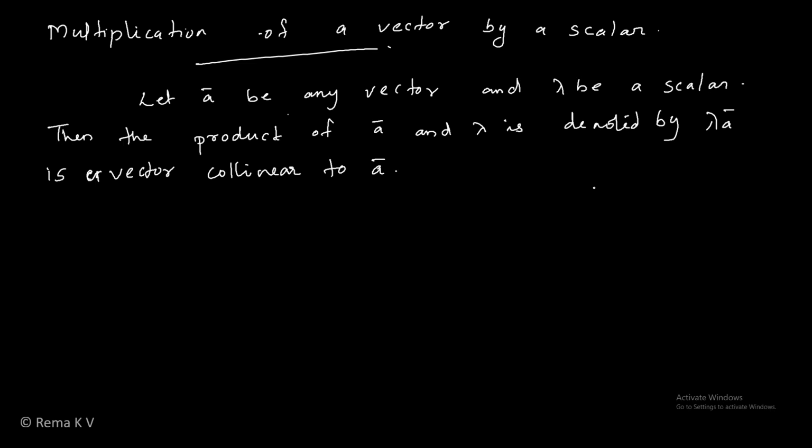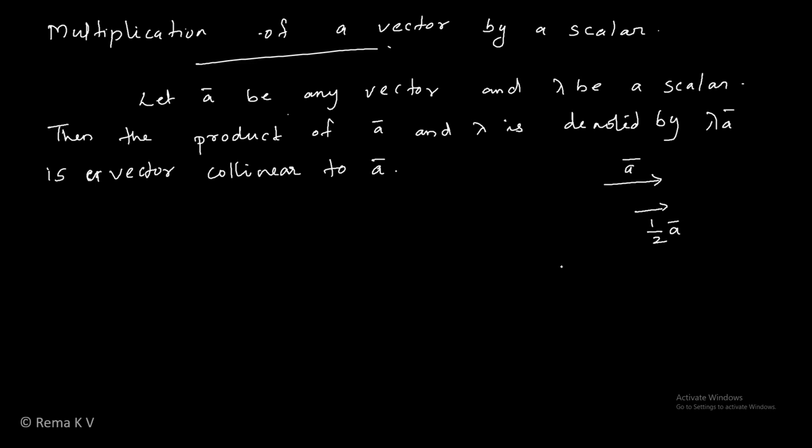For example, see, this is vector A. Another vector which is half of this is represented by half vector A. So these two are parallel to the same line, or they are parallel to each other.